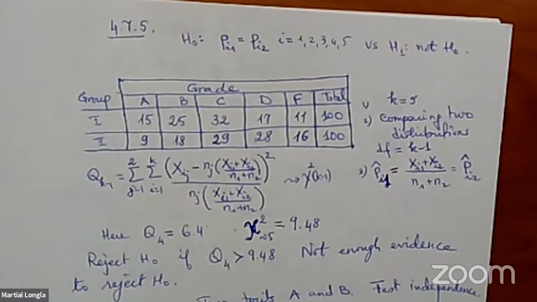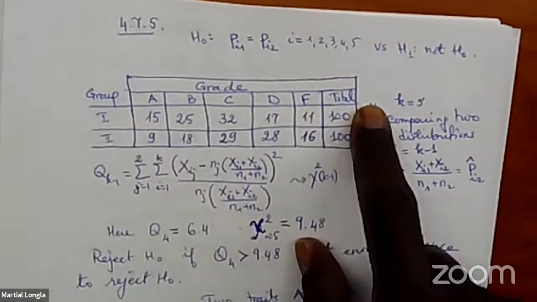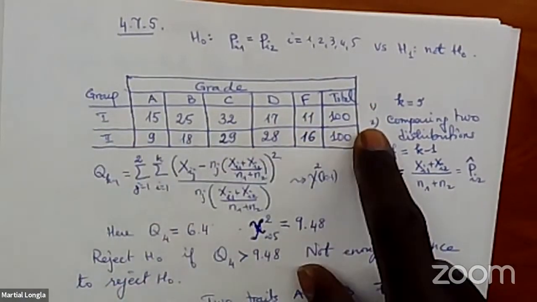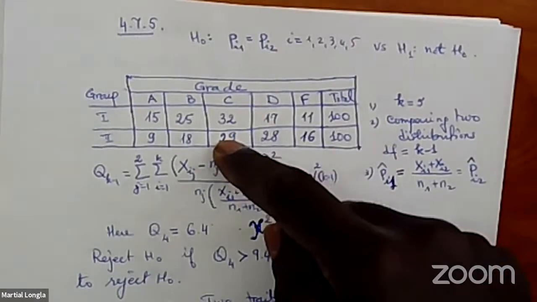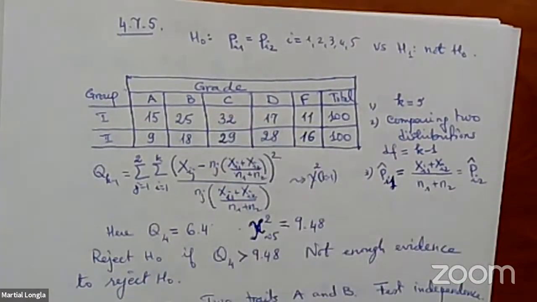In this problem, for example, it says that we are comparing 2 multinomial distributions, which means this is one distribution, that's another distribution, and we want to know if this distribution is the same as that one.